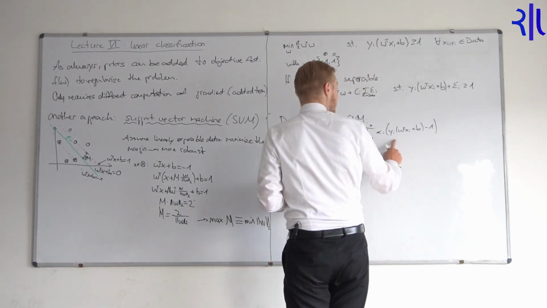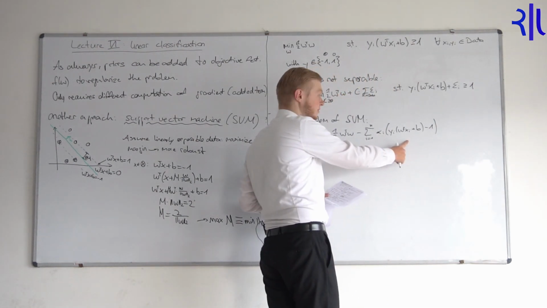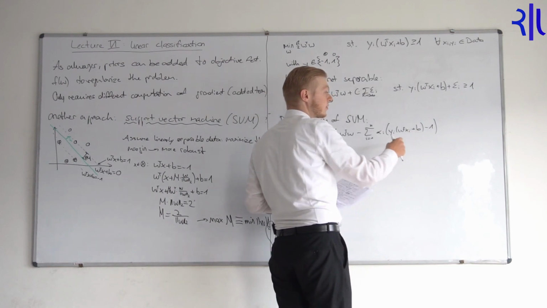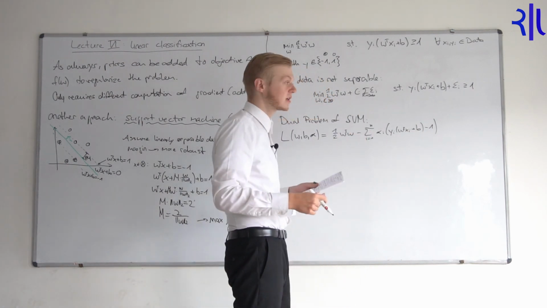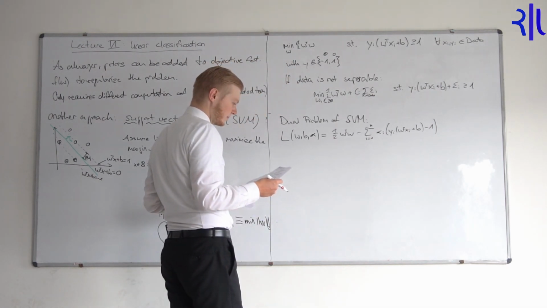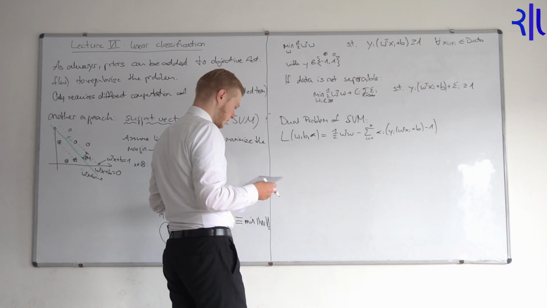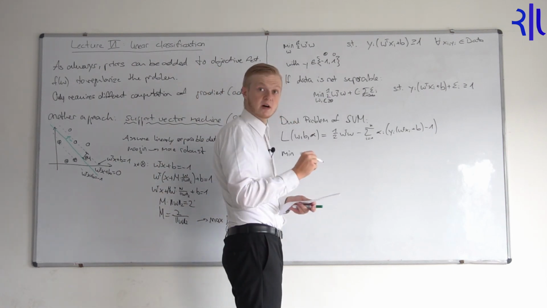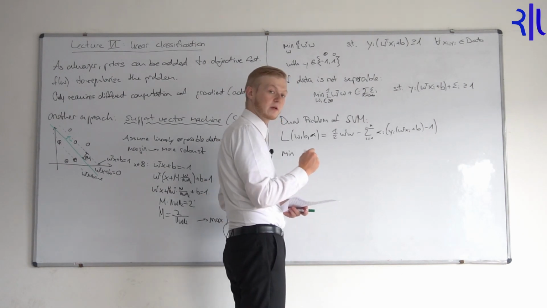So we have rewritten the constraint functions from the inequality to the form where we can say g of x is smaller or equal than 0. And let's see if we can now minimize that with respect to our primal variables omega and b.